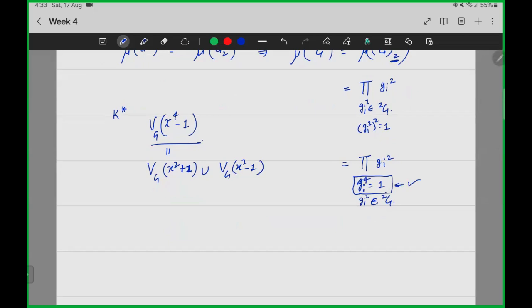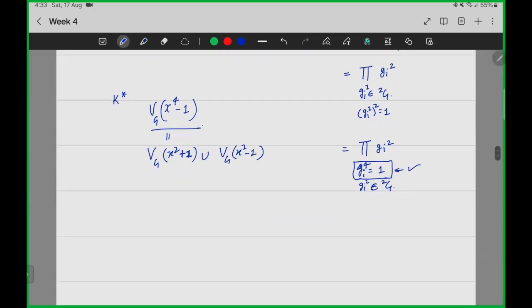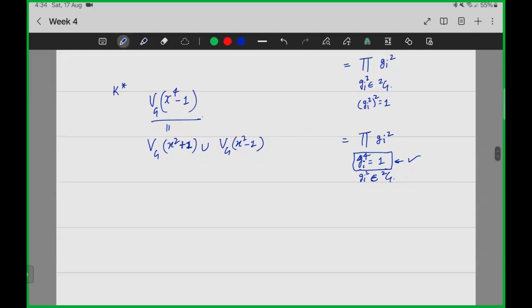So can we use the fact that G is cyclic? Okay, if G is cyclic, then what? Then 1 is the only element which is 1, and all the other elements raised to 4 is 1, then gi square is going to be minus 1.